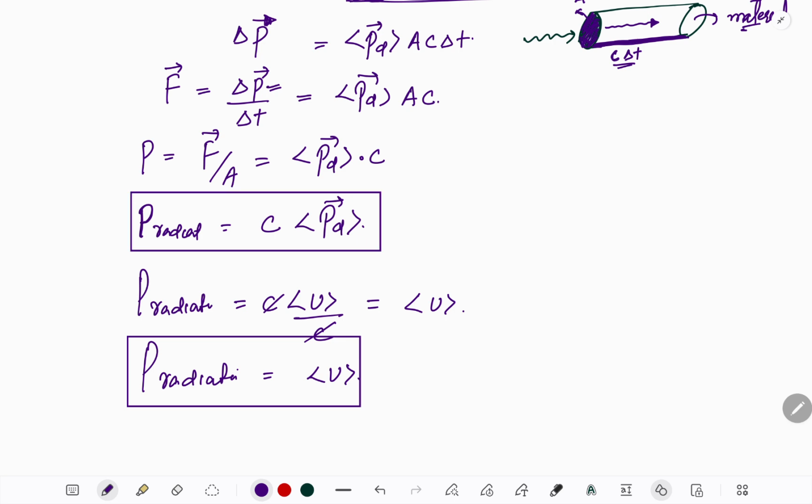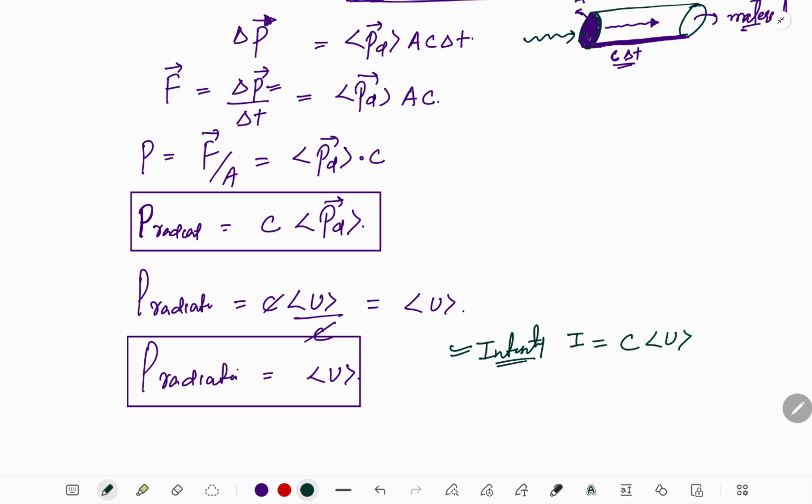There is another term I should tell you right now, which is called the intensity, I, which is basically C times the average energy density. If you don't know, I have given a video on this intensity.